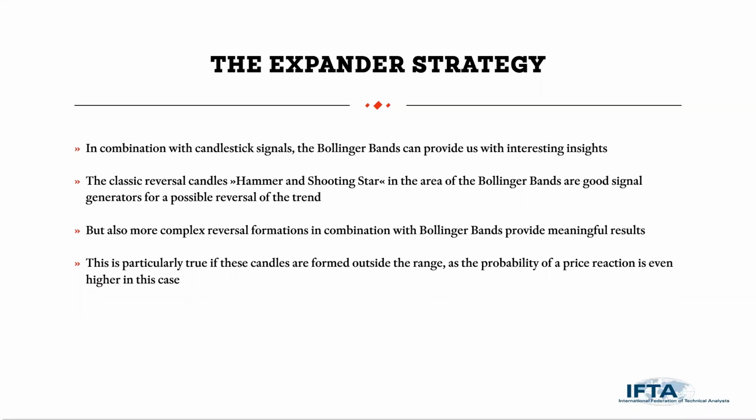If you see a shooting star, of course you see that the up move has come to an end. And this is true also for the other formations like engulfing pattern and so on, which I mentioned before. And this is even stronger if you see these candles outside of the bands.